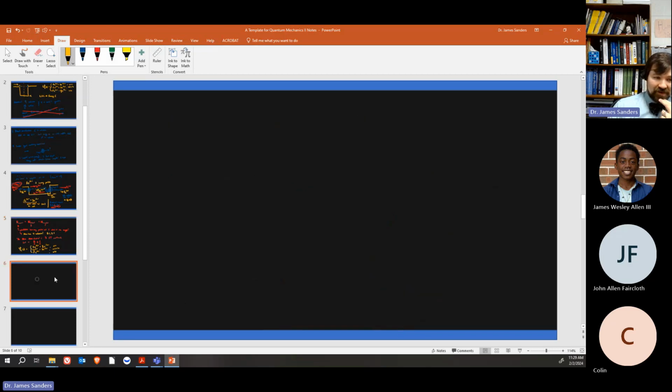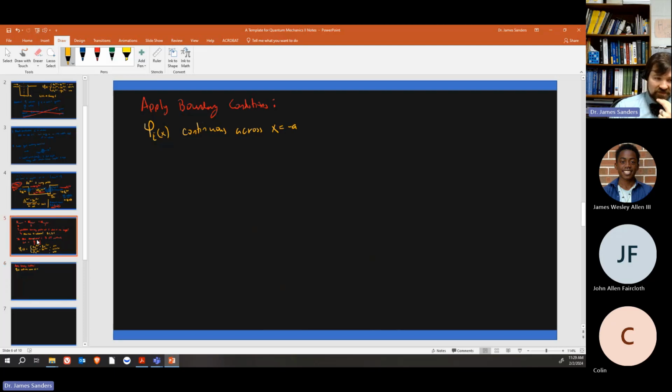Now, let's apply the boundary conditions. Psi of x is continuous across x equals minus a.